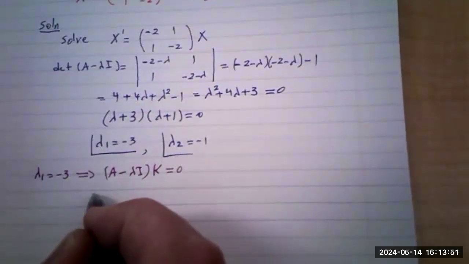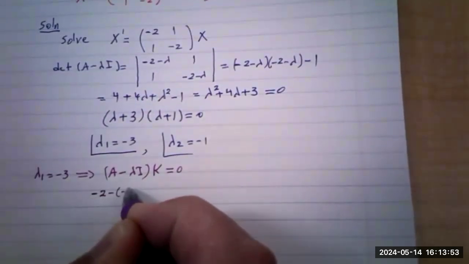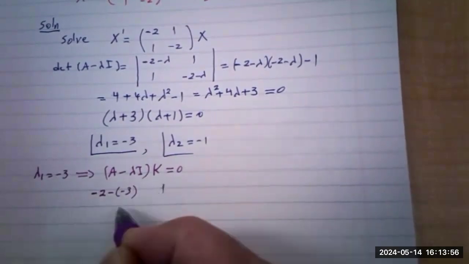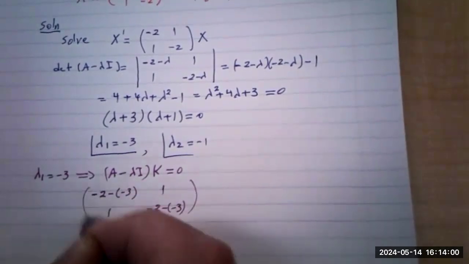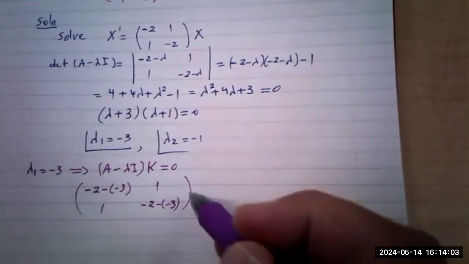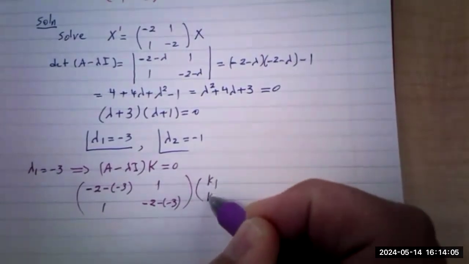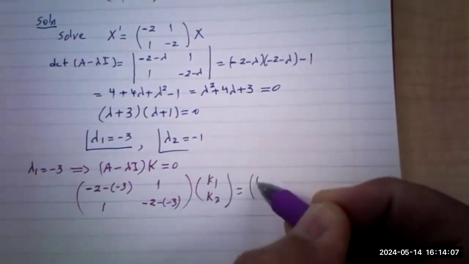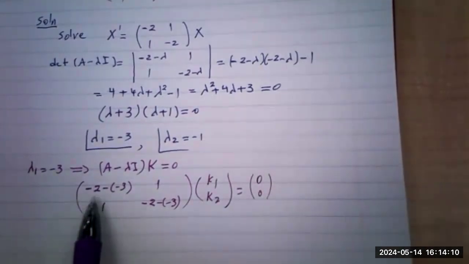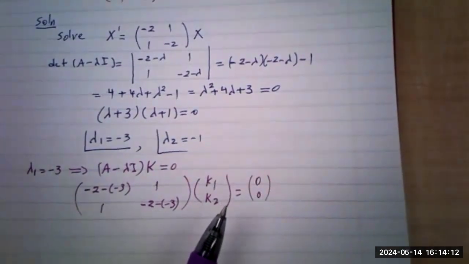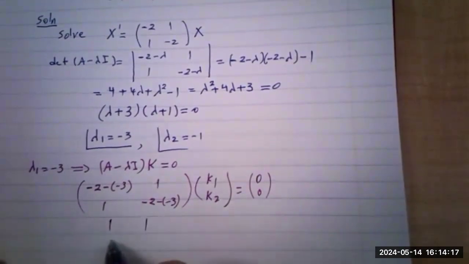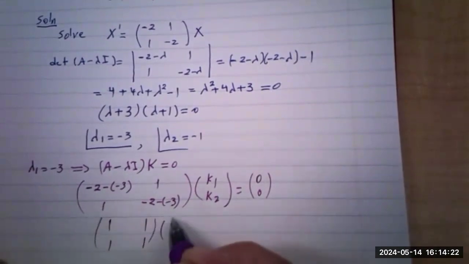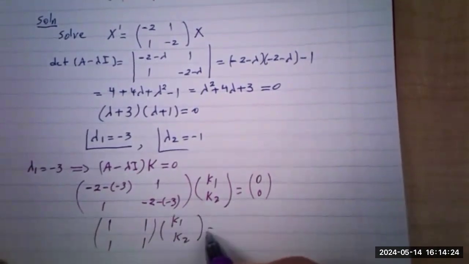So that gives you -2 minus -3, which is 1, so the matrix is [1, 1; 1, 1]. Then you multiply by k, which we may call k1, k2, equal to 0, 0. Everything's going to be the same.